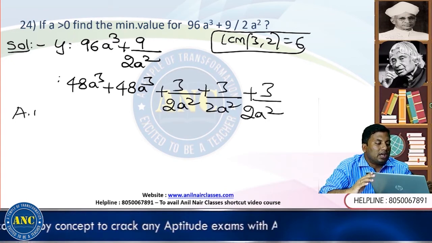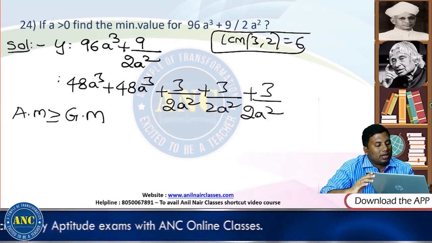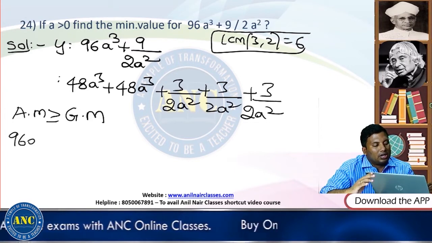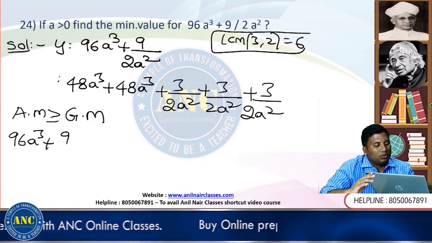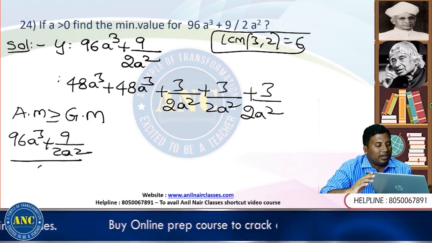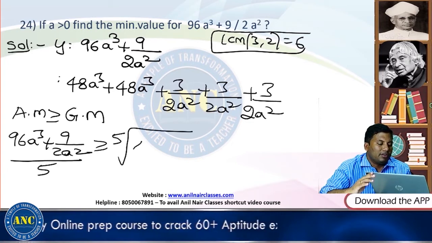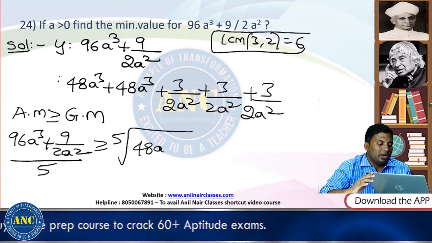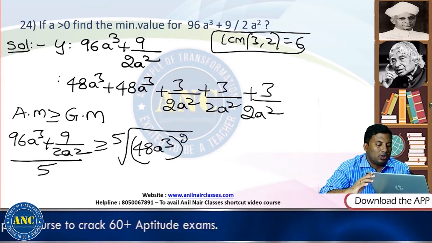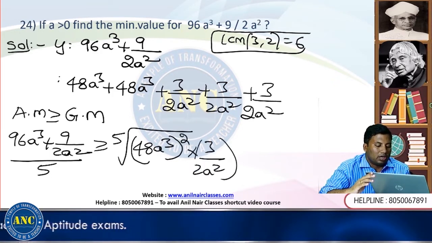AM greater than or equivalent to GM. This will become (96a cube plus 9 by 2a square) divided by 1, 2, 3, 4, 5, so 5, is greater than or equivalent to the fifth root of 48a cube into (48a cube) whole square into (3 by 2a square) whole cube.